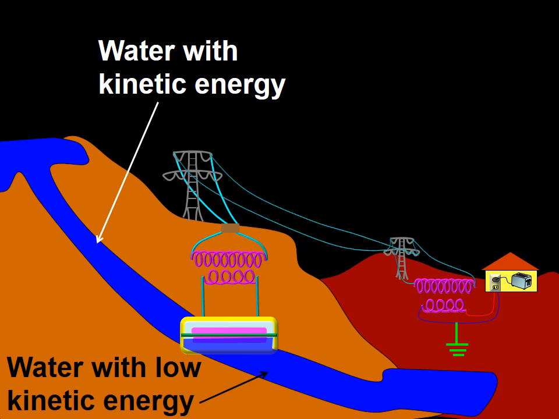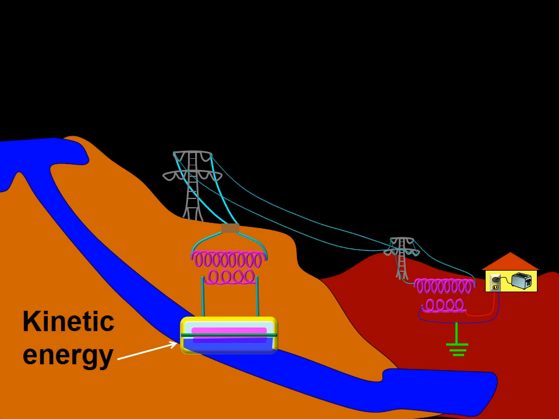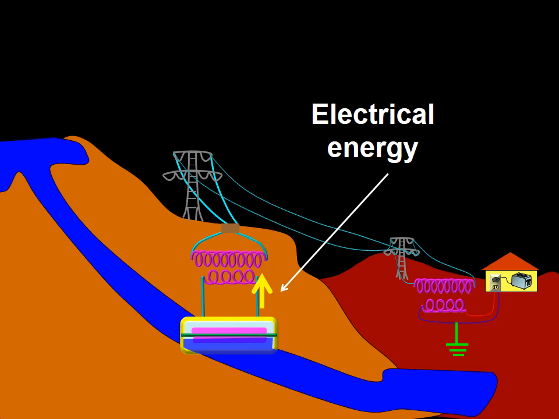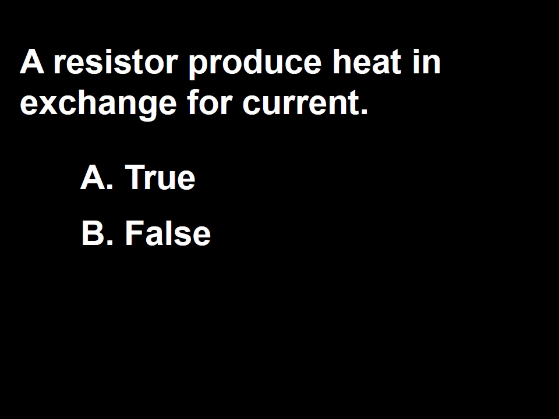The water below the turbine has low kinetic energy. In this situation, the kinetic energy has been removed by the turbine and transformed into electricity. So the answer to this question is B, false.